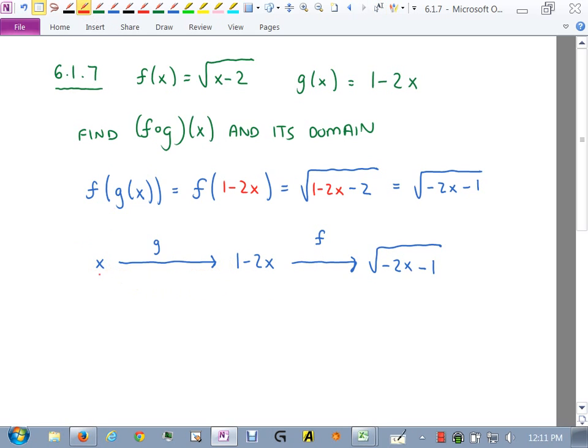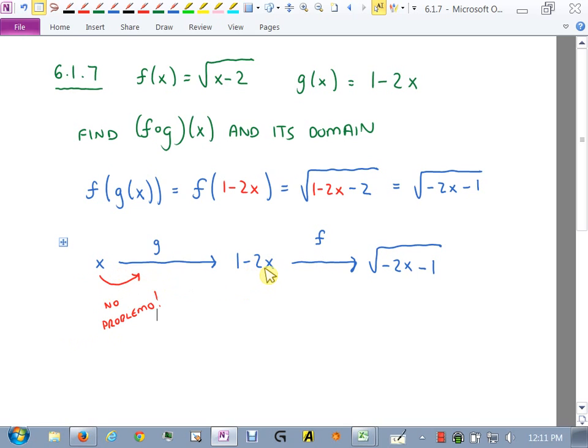When x goes in here to g, is there any restriction? No, because the domain of g is everything, right? You can plug anything you want in, no problems. No division by 0, no square roots. So, no problem there, right? We're good to go.